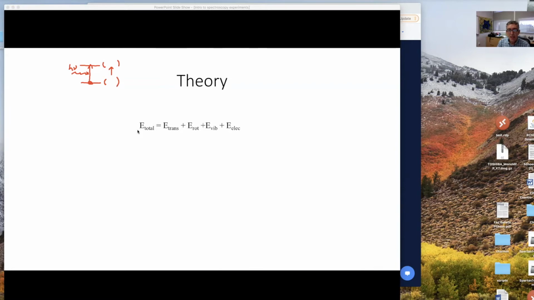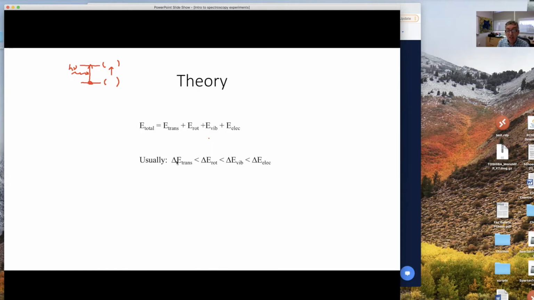So broadly, the total energy of a sample can be split into four components, approximately: translation, which is for linear motion, rotation, vibration, and the electronic energy itself. So the translational, rotational, and vibrational and electronic energies, each of those have levels. And so you can talk about the typical spacing between translational levels or between rotational levels or vibrational, electronic.